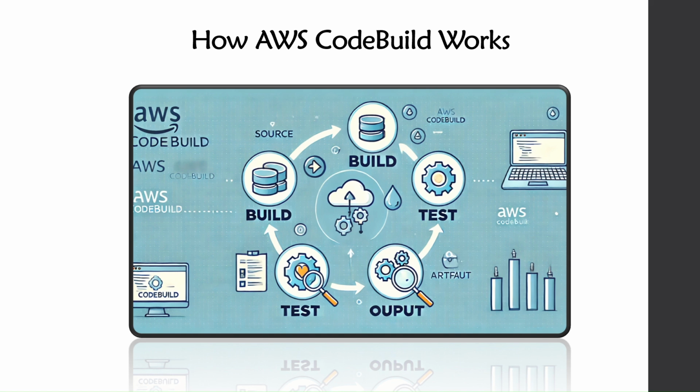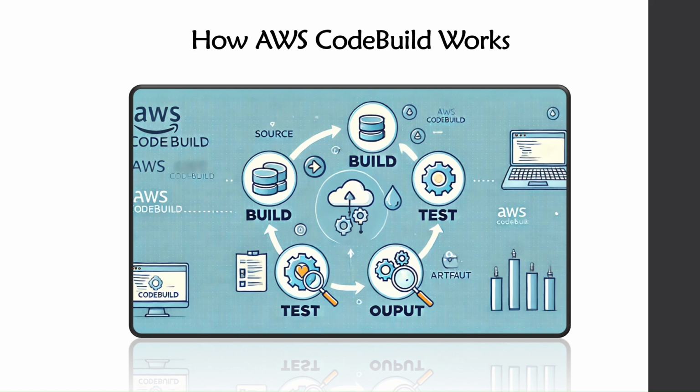AWS CodeBuild typically stores these artifacts in an S3 bucket, making them available for further deployment or distribution. This ensures that the output of the build process is safely stored and ready for the next stage in the CI/CD pipeline, whether it's deployment, further testing, or distribution to the user.